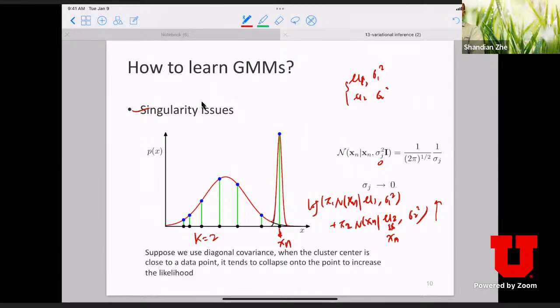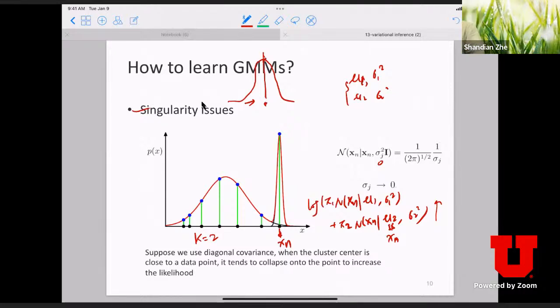Yes, exactly. If we look at a Gaussian distribution, we know that at the mean, it achieves the largest density, or log density. So if you make your variance smaller and smaller, the density at the mean becomes larger and larger.